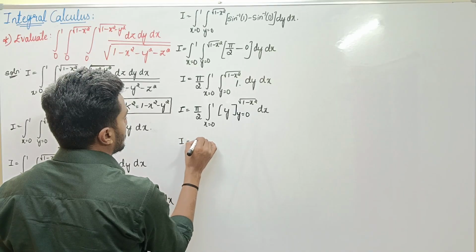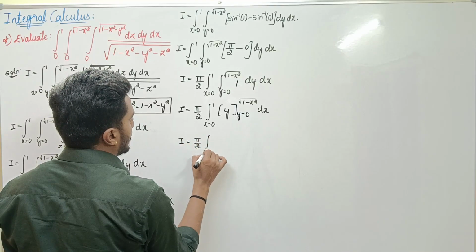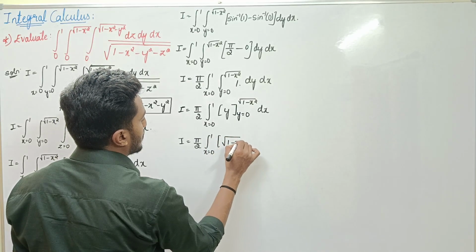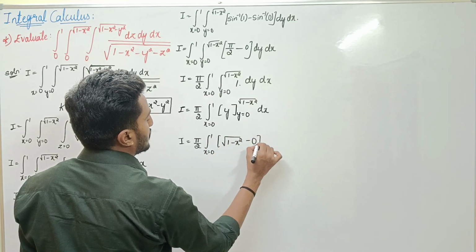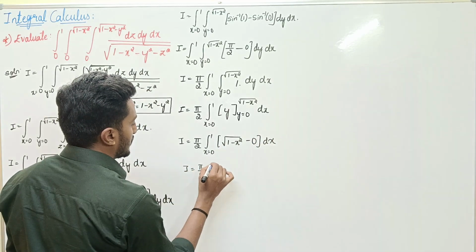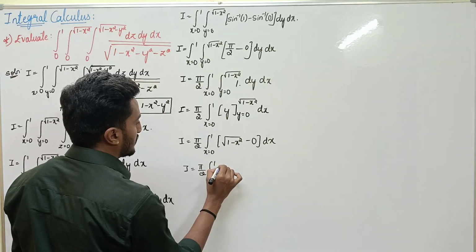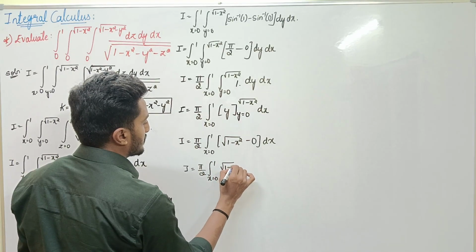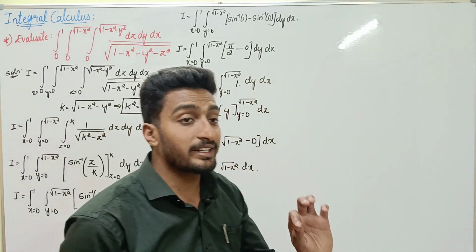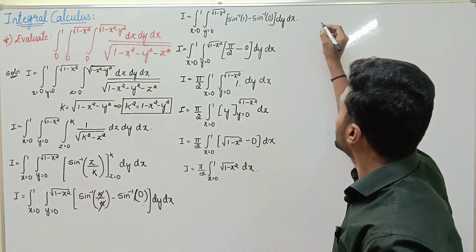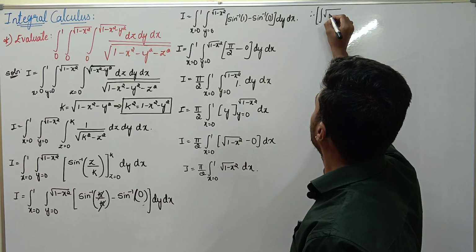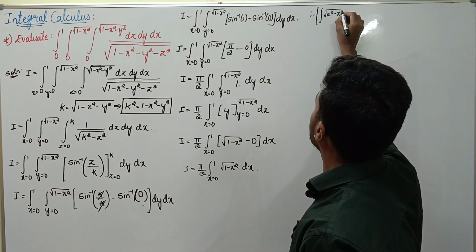I is equal to pi by 2 integral x varies from 0 to 1 root of 1 minus x square minus 0 dx. So I is equal to pi by 2 integral x varies from 0 to 1 root of 1 minus x square dx. There is a standard formula for the integration of root of a square minus x square.